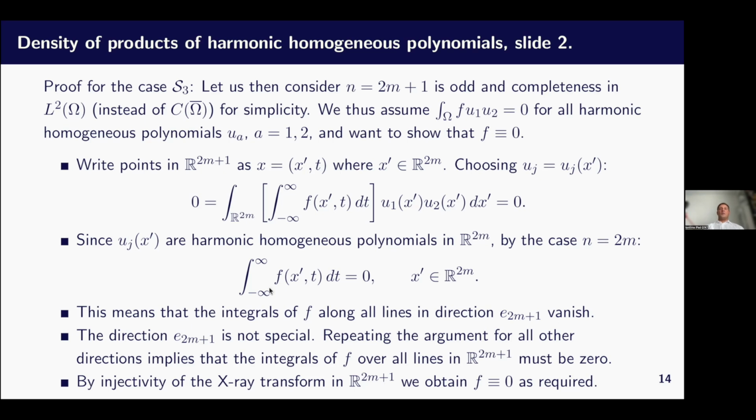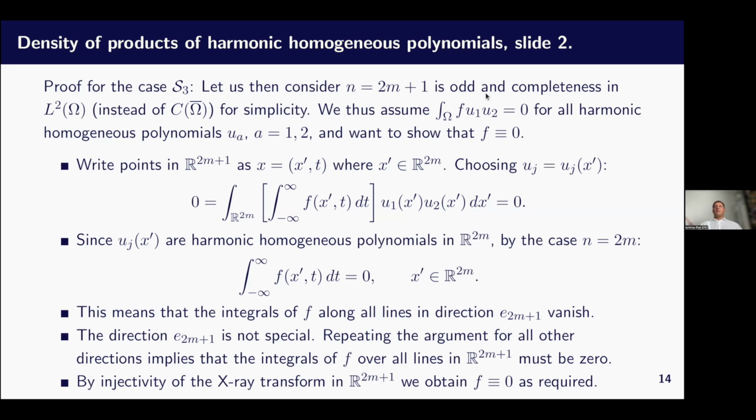Then there's a well-known result called the injectivity of the X-ray transform. It says that f must be 0. This injectivity of the X-ray transform says that if a function integrates to 0 over all lines, the function is 0 itself. So now we have proven that f is identically 0, which was the claim.